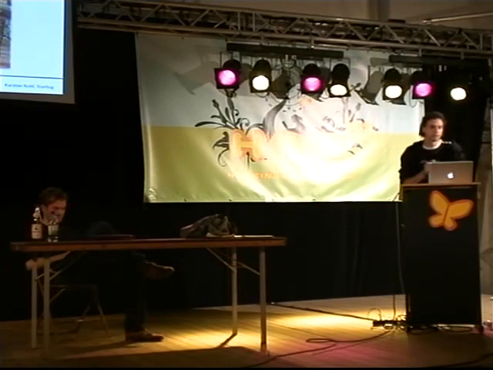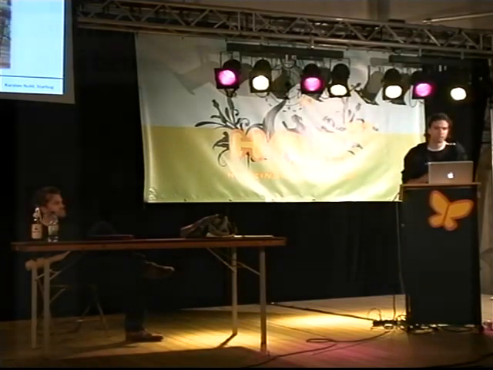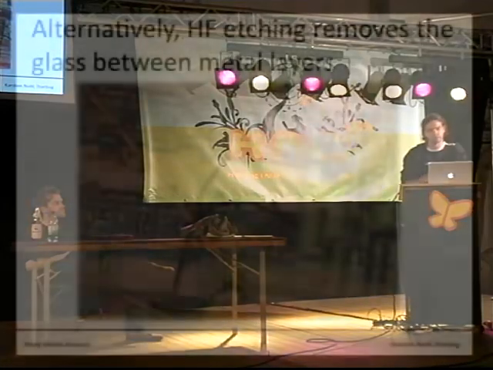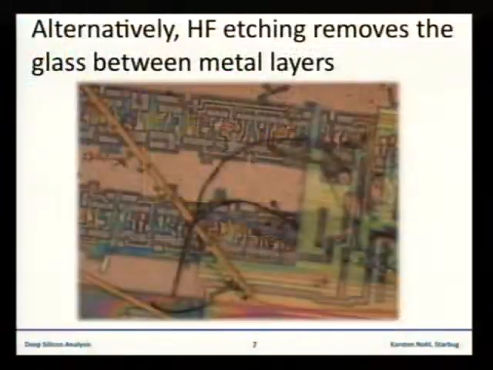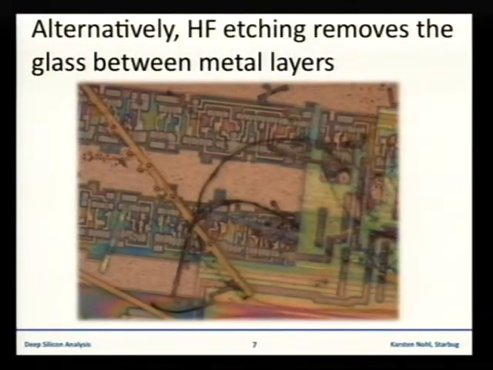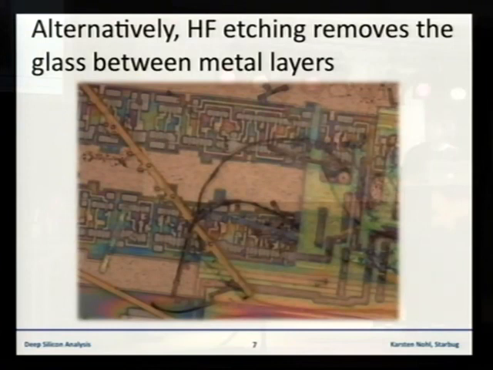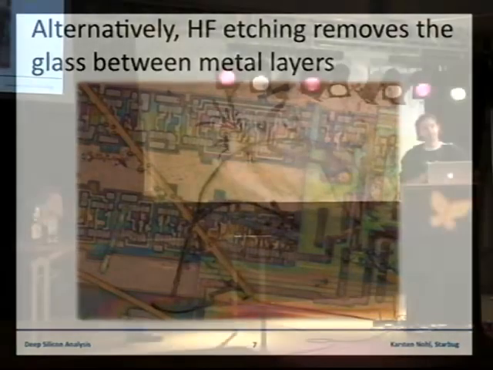There's another possibility to get to the single layers, and it's called etching, wet etching with hydrofluoric acid. But the hydrofluoric acid will go to the silicon dioxide, which is an isolator between each layer. But as you can see on this picture, there's a little problem to get to one exact layer.